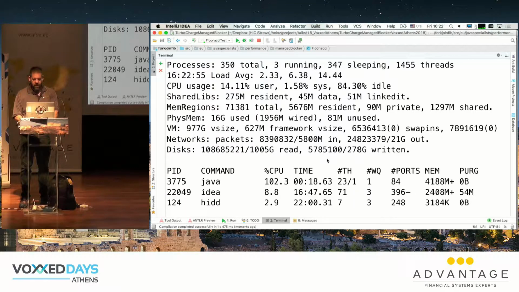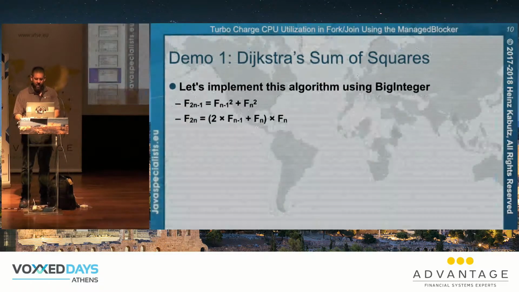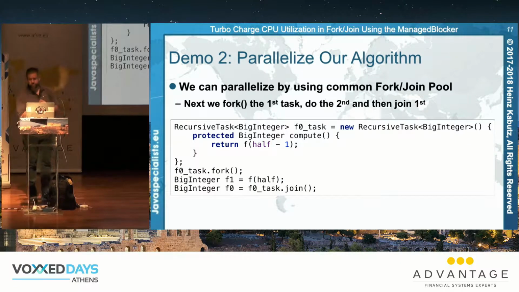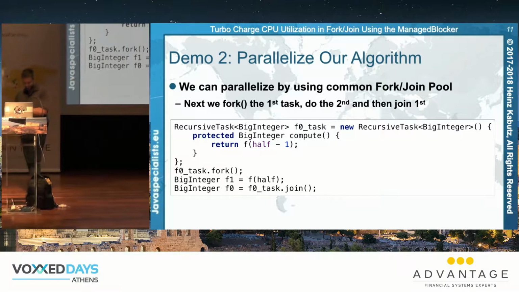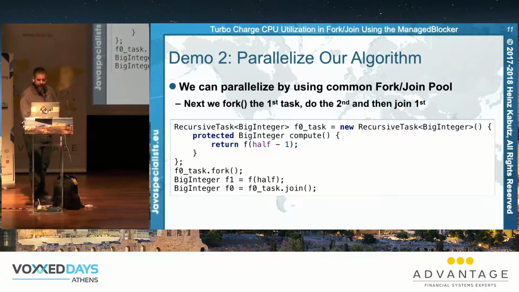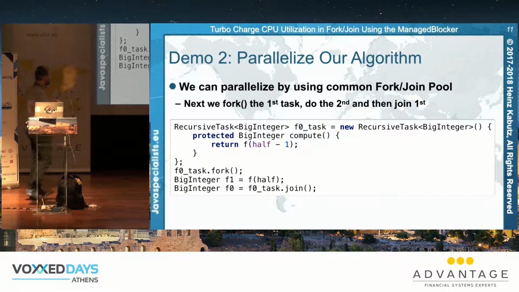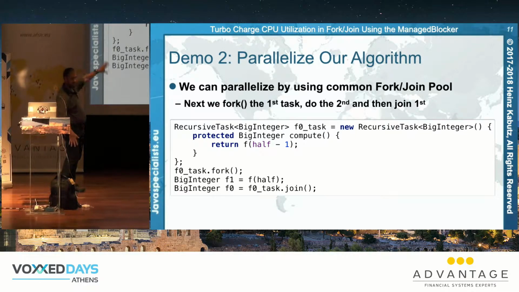So what we want to do as a first step is to try and parallelize this a little bit. We're going to do that by creating a recursive task, and by forking that, and that recursive task is then going to be joined again afterwards. So by forking it, we're allowing it to run in the common fork join pool.